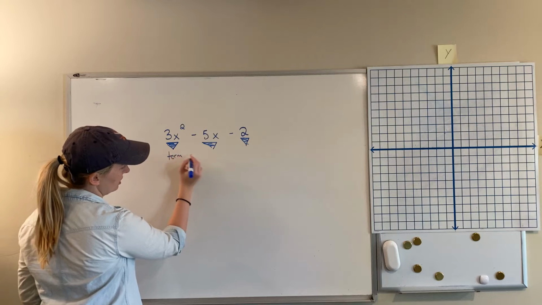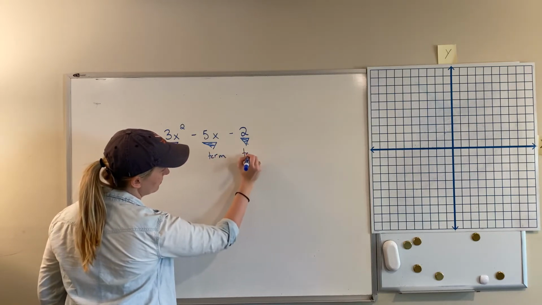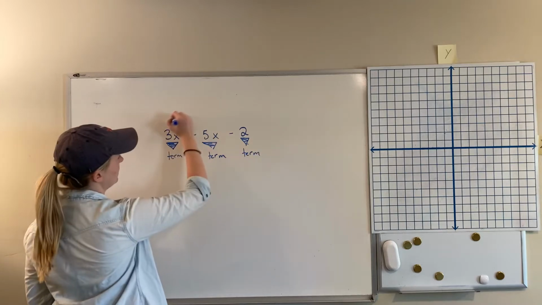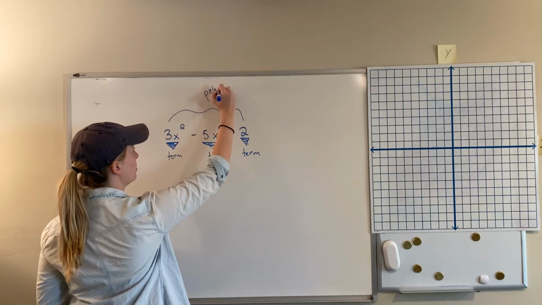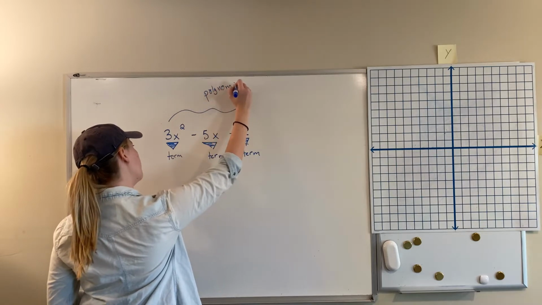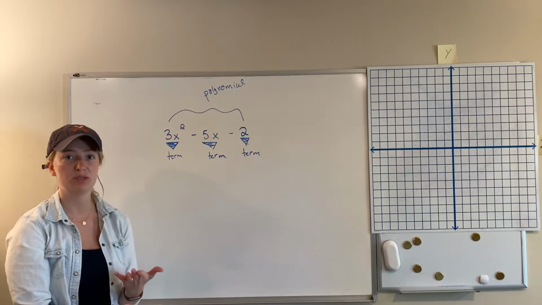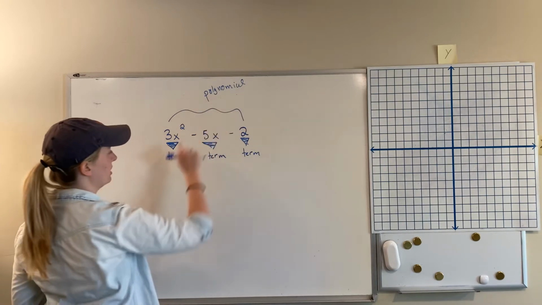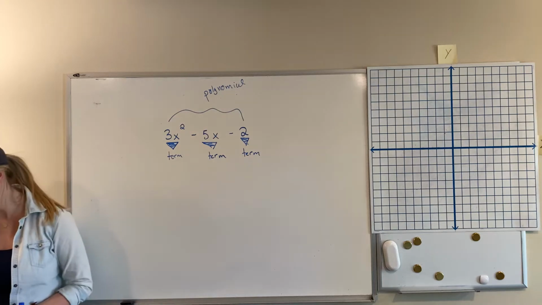So each of these is called a term. And then the entire thing is called a polynomial. And instead of the word term, you can also use monomial. So the polynomial is made up of monomials. Mono means one, poly means many.